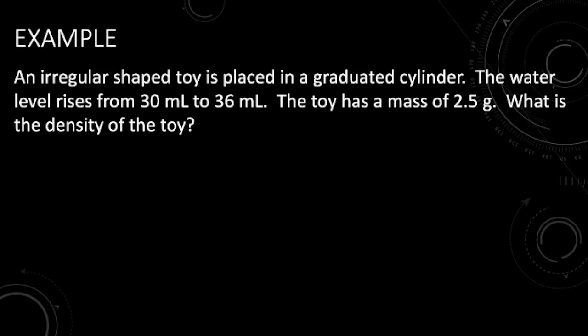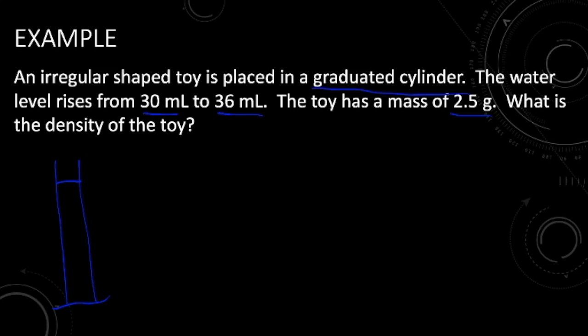Let's look at another example here, and this time we have an irregular shaped toy that's placed in a graduated cylinder. The water level rises from 30 milliliters to 36 milliliters. The toy has a mass of 2.5 grams. What is the density of the toy? So we're using a method called displacement here in order to find our volume.